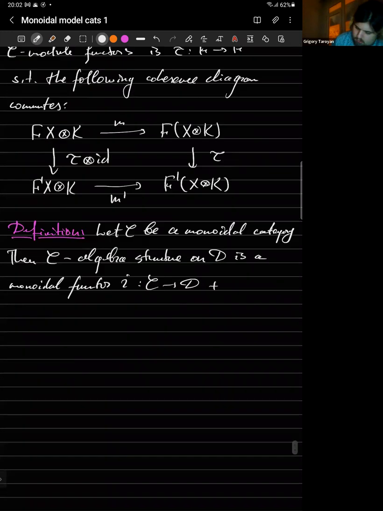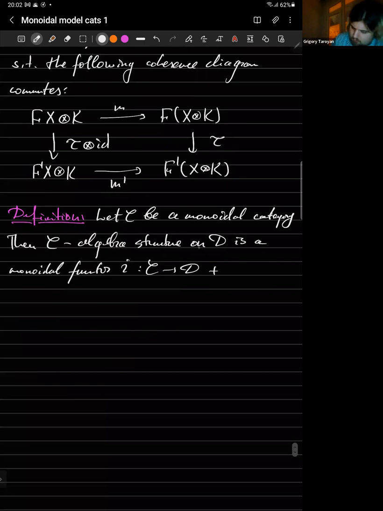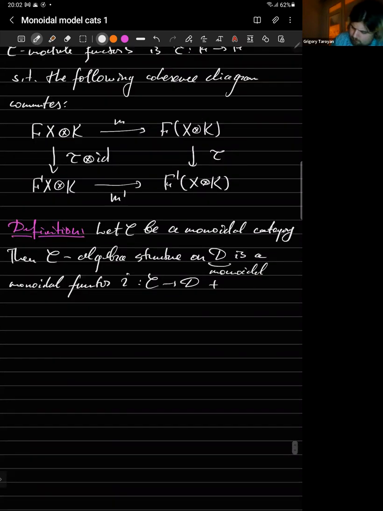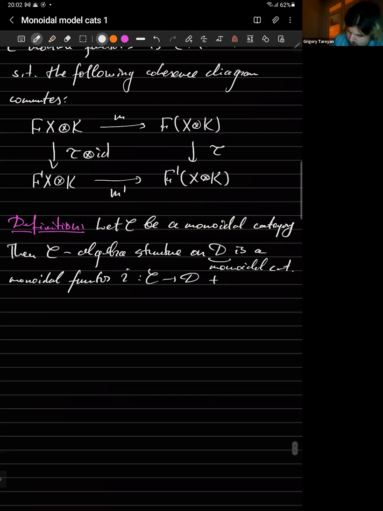Of course, D should be a monoidal category. D is a monoidal category.